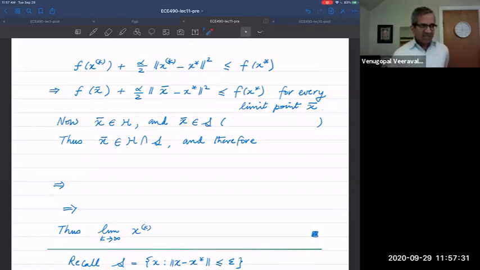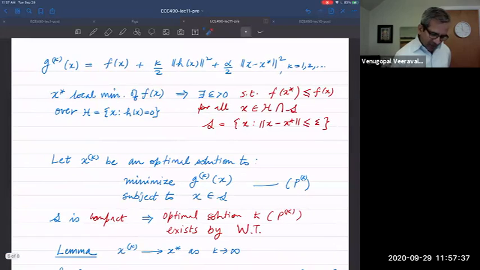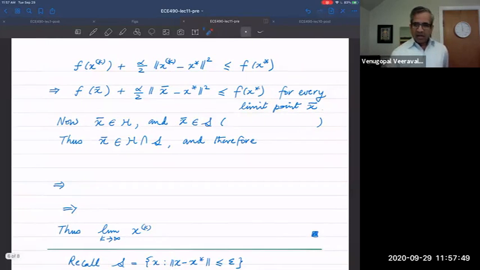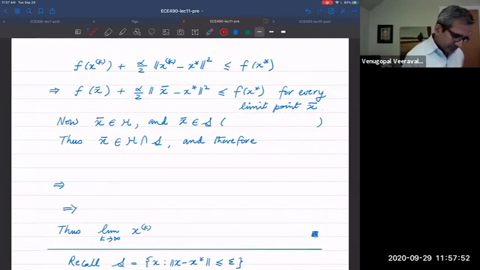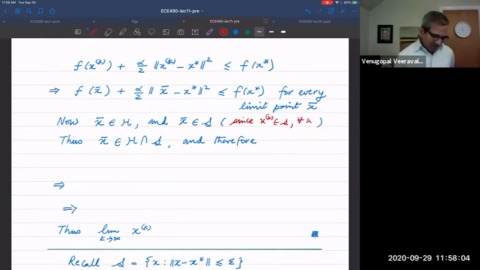Because all the xk's belong to s by construction. In these optimization problems we're restricting our x's to s, so all these xk's must belong to s for every k. So x bar belongs to the intersection of h and s, because it belongs to both of these sets.